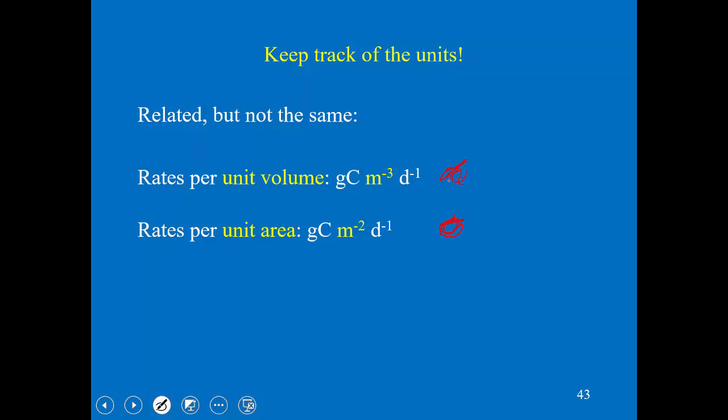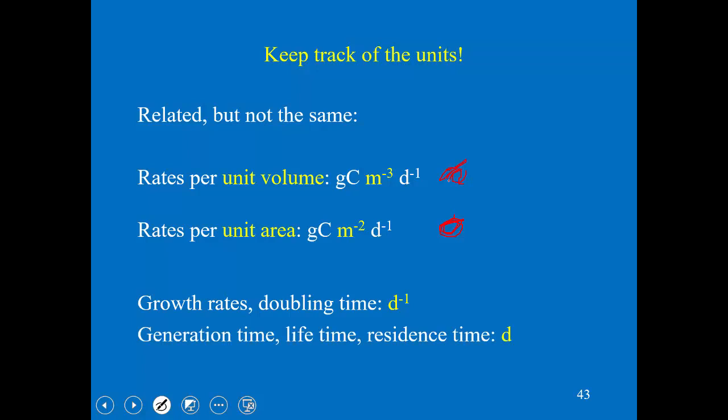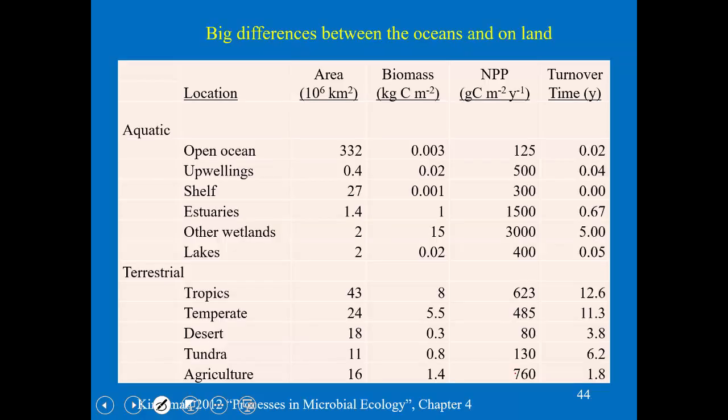And that becomes crucial for understanding the critical depth hypothesis, and you're going to have to deal with that when you do the homework. Another unit is really a per capita unit, growth rate or doubling time, which has units of days or per day. And we'll talk about other properties that are best described by those units.